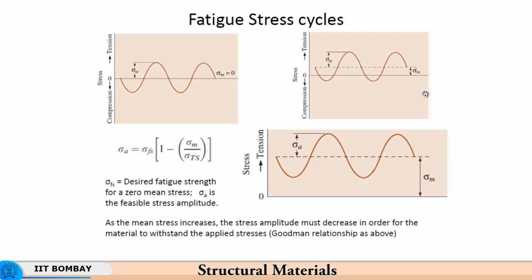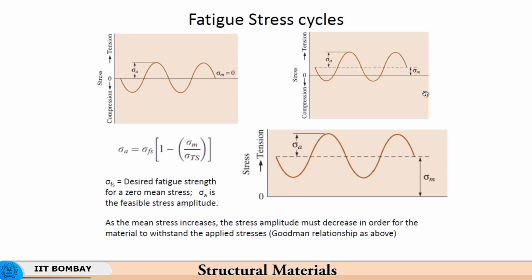So, for example, if you have a certain fatigue strength and you do not want it to reach the ultimate tensile strength. So, the range between the mean stress and ultimate tensile strength can be the maximum range of amplitude that you can possibly have.